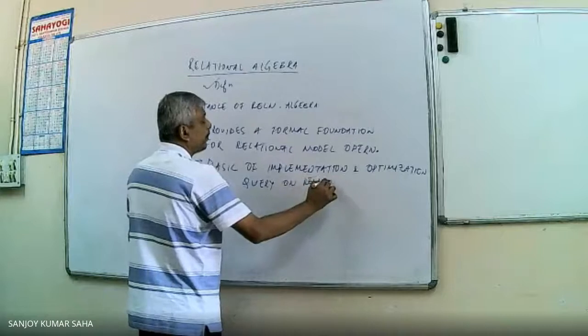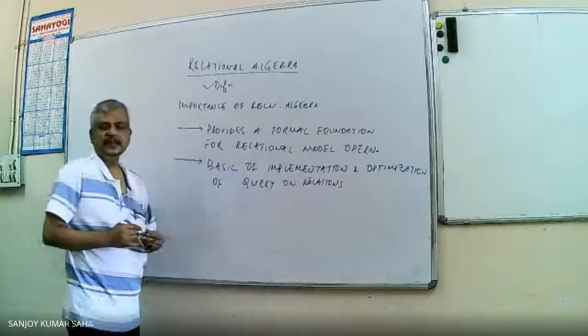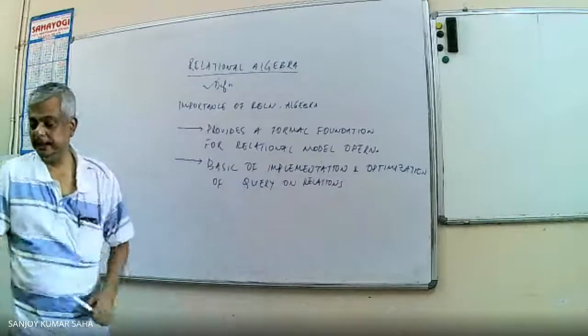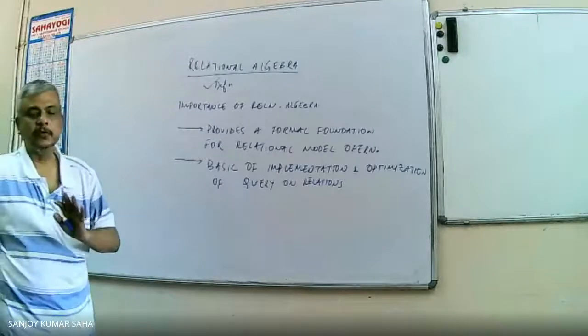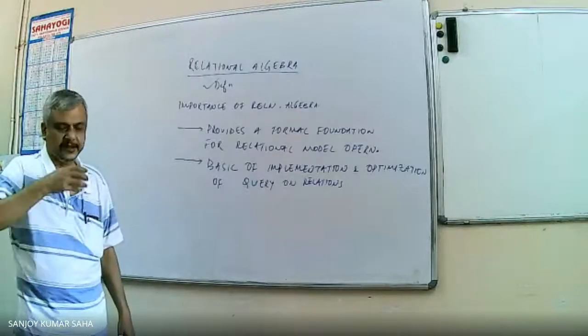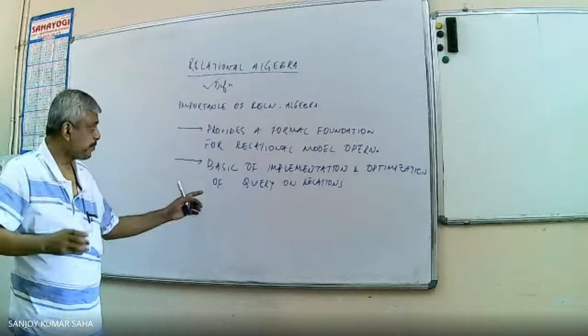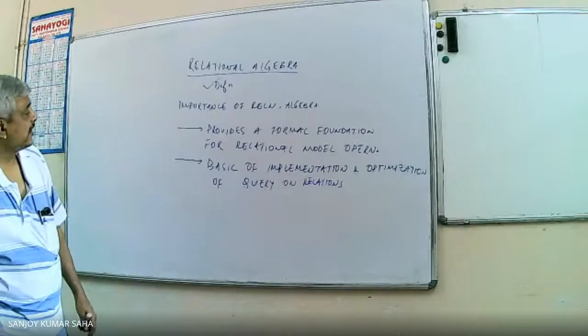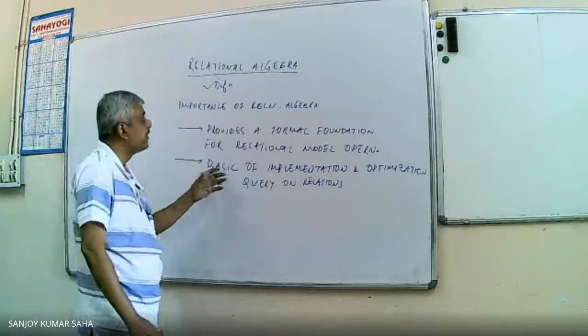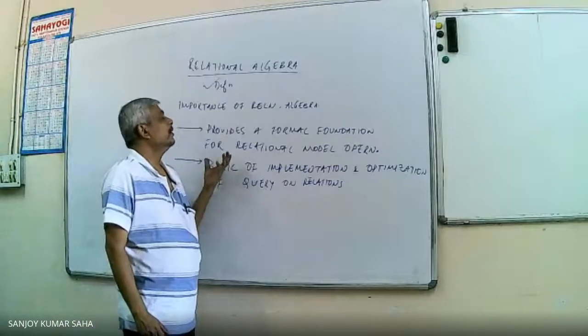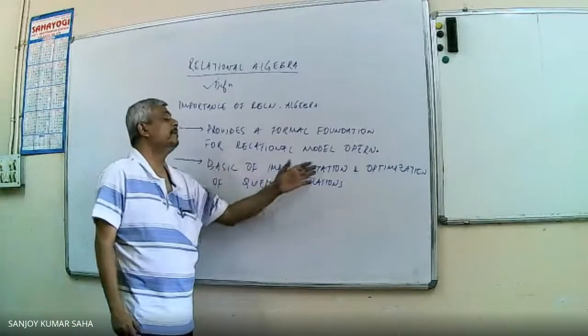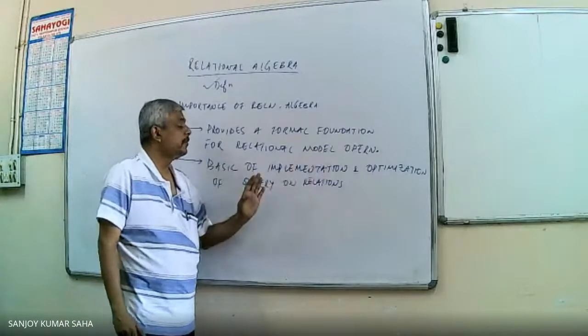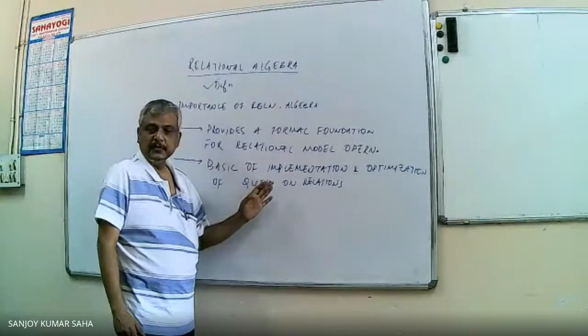If we want to do operations, or later we see that whatever may be the DML operation, in the background always some query is associated. Now this relational algebra also provides the basics for implementation and optimization of query on relations.